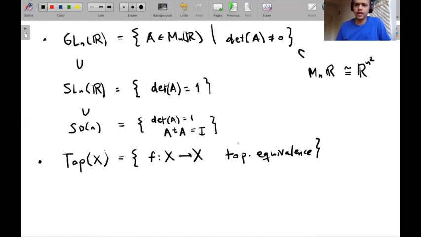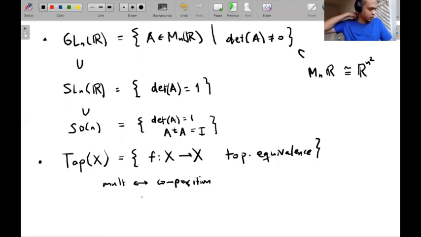I think this came up in discussion section for some people. So the operation here is composition of functions. So the multiplication is composition. And you can think about why composition of topological equivalences is a topological equivalence, and also what the inverse and the identity element are.